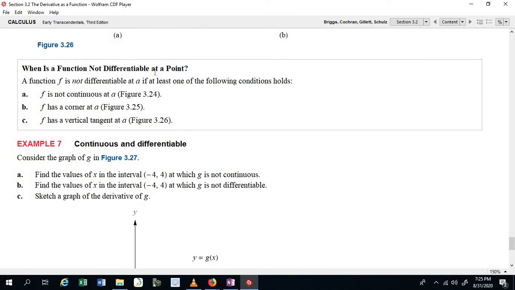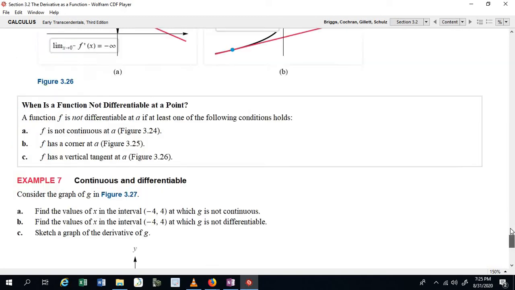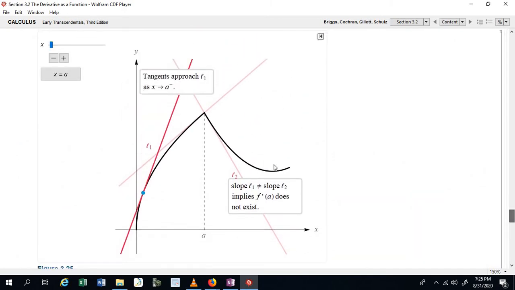It could be that f is not differentiable at A because f has a corner at A. So an example of that would be right here. That's called a corner or a cusp. It comes to a sharp point. The function is not differentiable at this point.